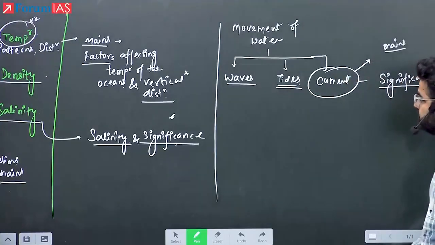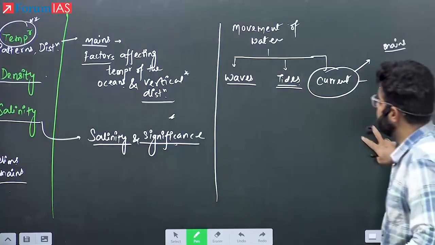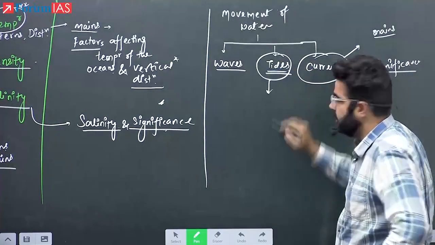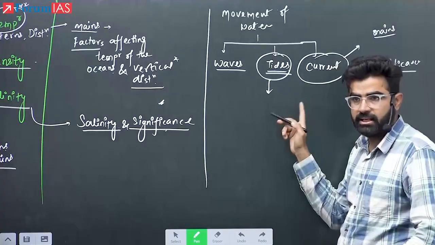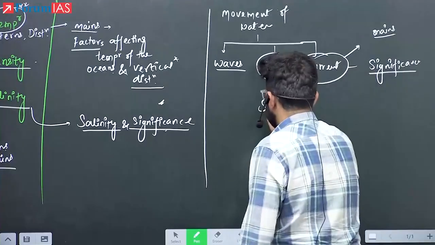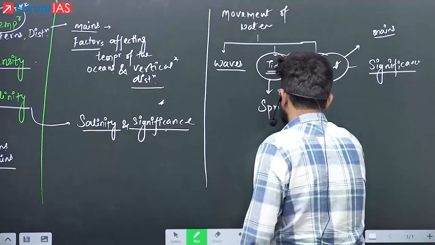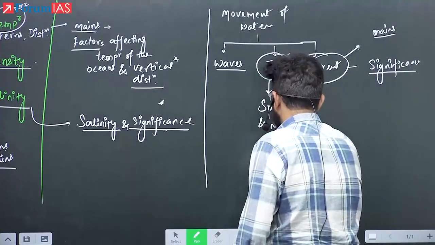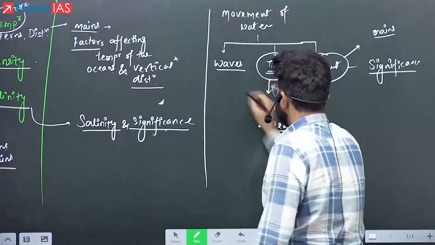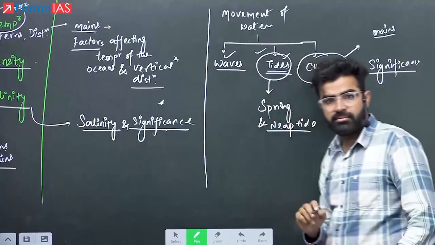You will learn them. Now, in this movement of water, go and check how many times the question has been asked from this area in the last 5 years. They are asking the various types of tides, and especially these tides are very famous: spring and neap tides. What is the basic difference between wave and tides? Anyone?